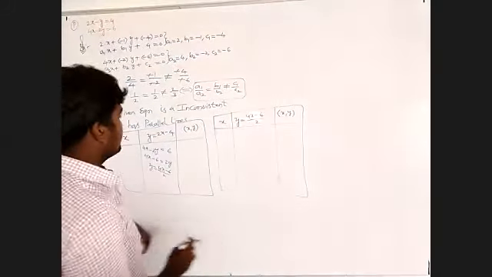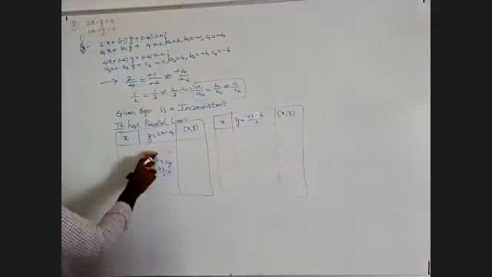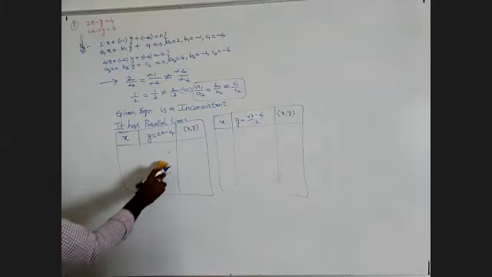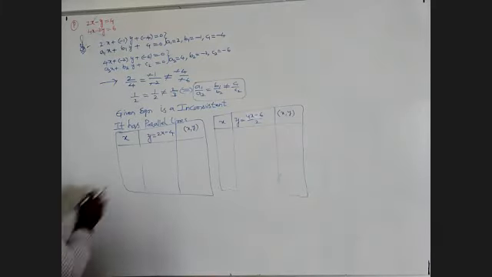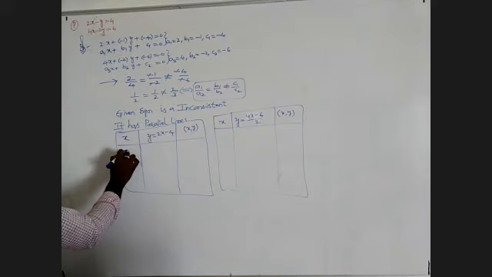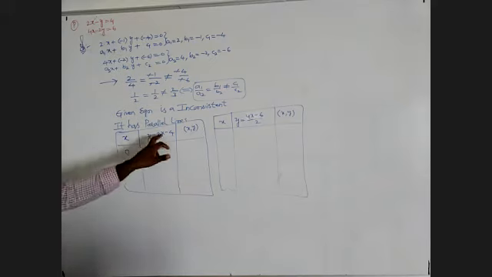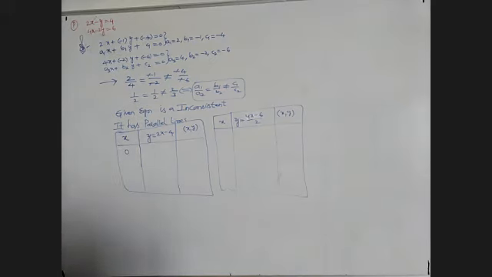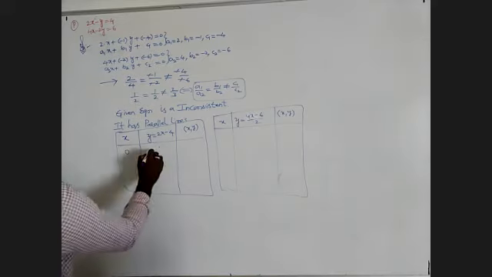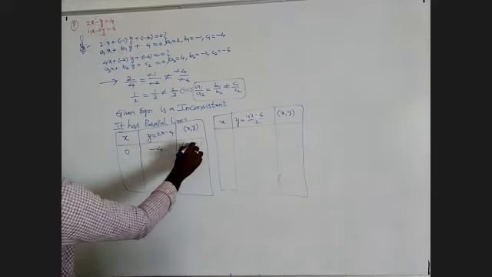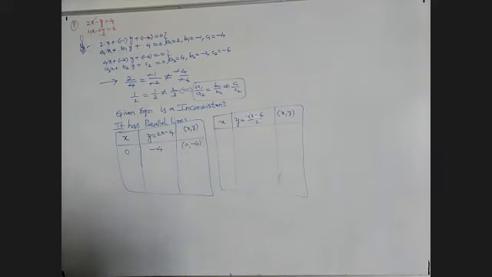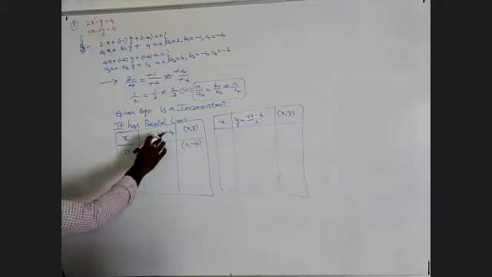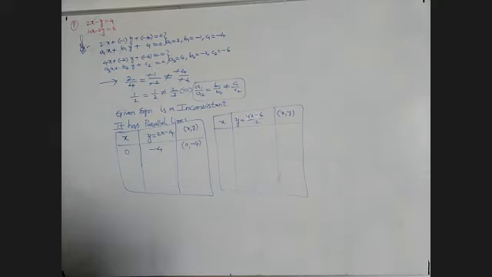We have to check their values. First, let x be 0. 2 into 0 is 0. 0 minus 4 is minus 4. That is, the point is 0 comma minus 4. Otherwise, let x be 1. 2 into 1 is 2. 2 minus 4 is minus 2.